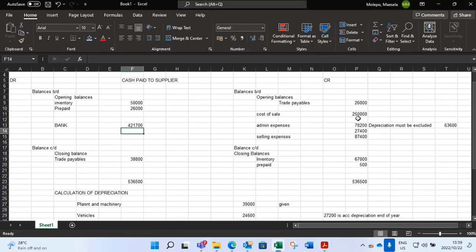Which figure did I not put correctly? 26,250, 28,200. Selling expenses, 87,400, 7,500 sharp. Then 52.6. Yeah, so we are fine with this figure, which was the one to calculate.